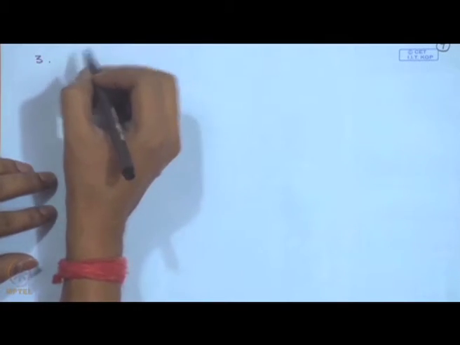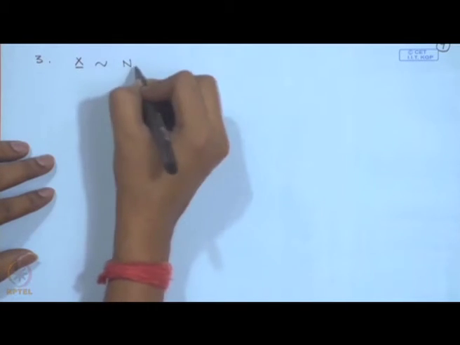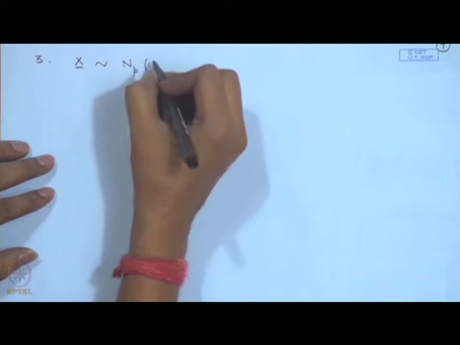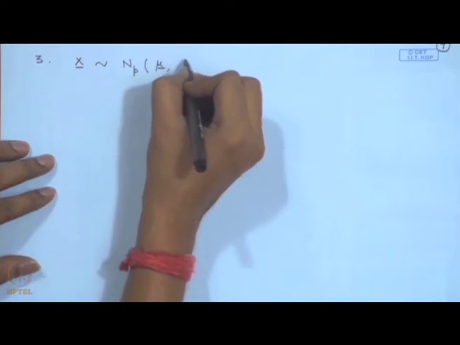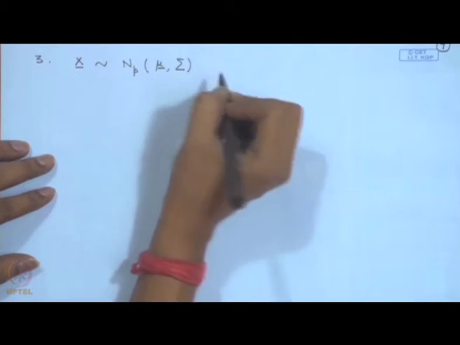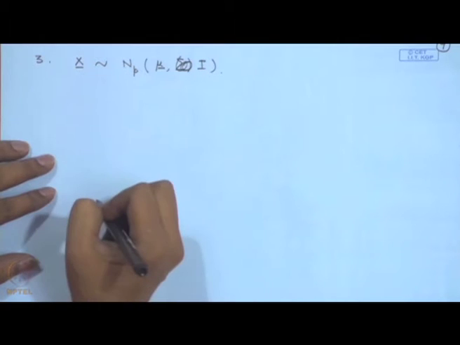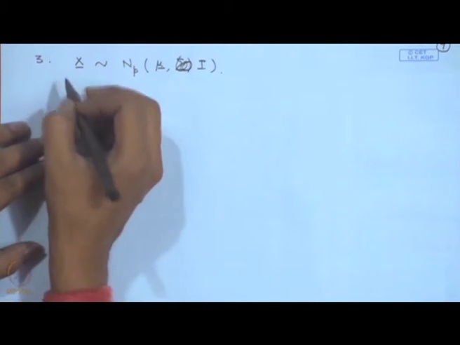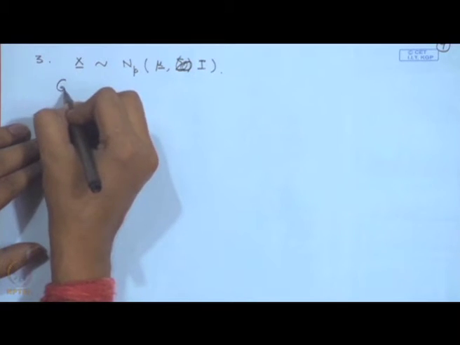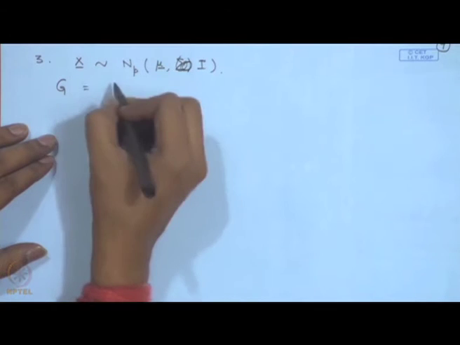Let us consider X following a multivariate normal distribution, multivariate normal mu and, say, sigma, or here let me put identity. I consider the group of transformations, this is a p dimensional vector.